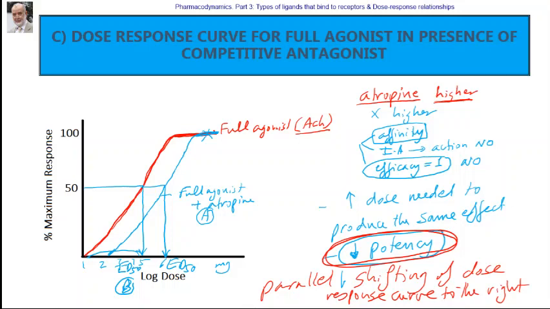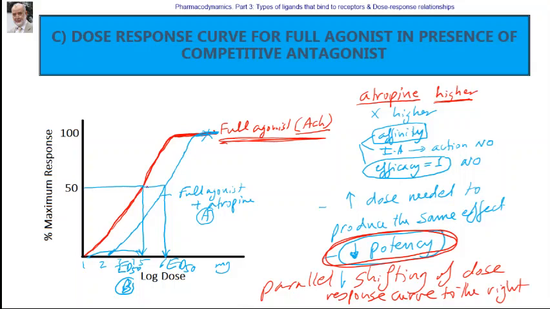So I repeat, the competitive antagonist decreases the potency of a full agonist by shifting the dose response curve to the right.